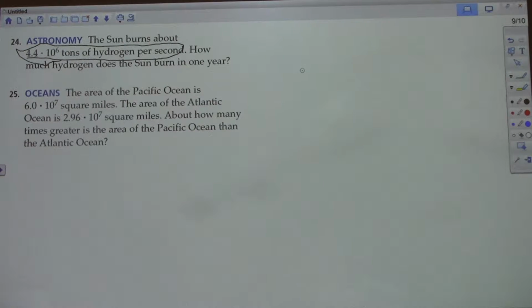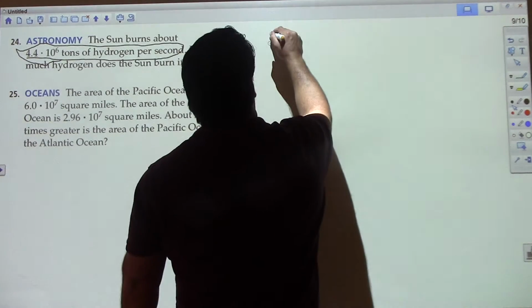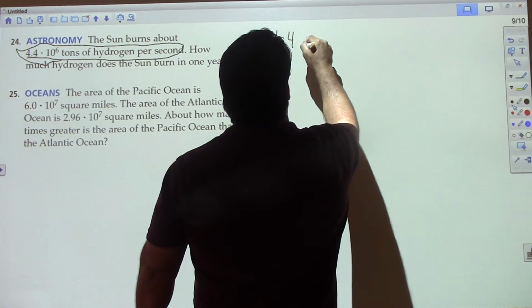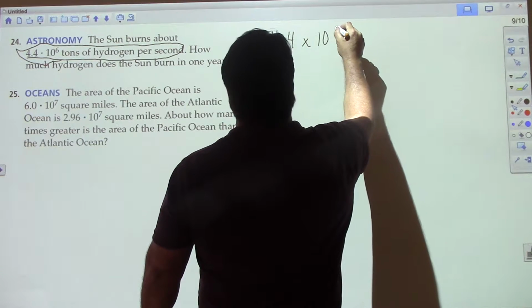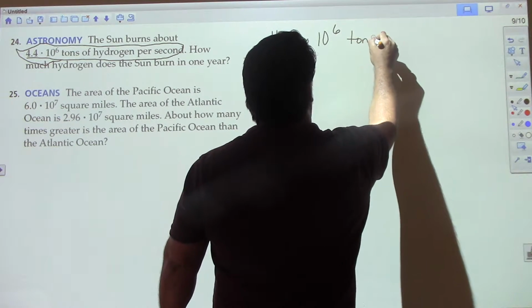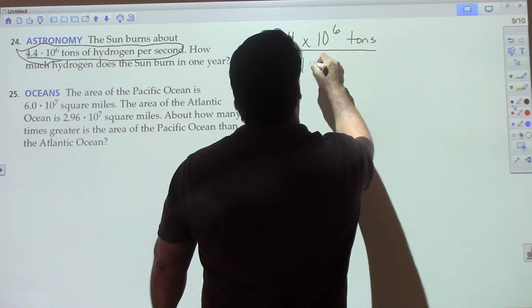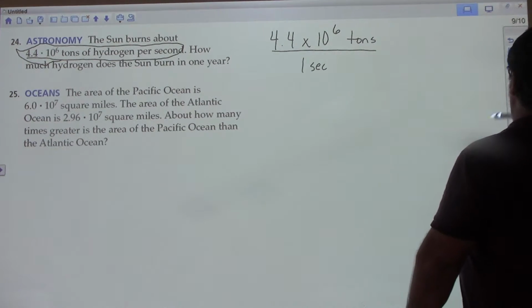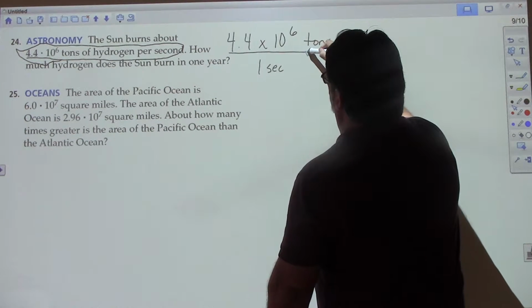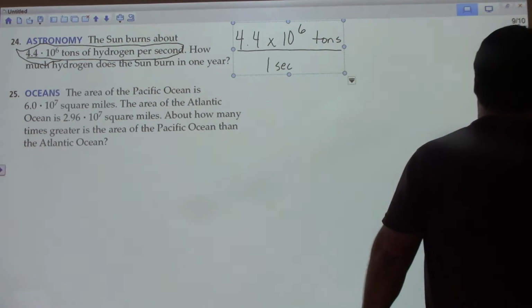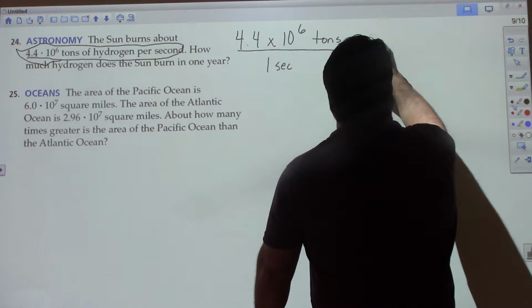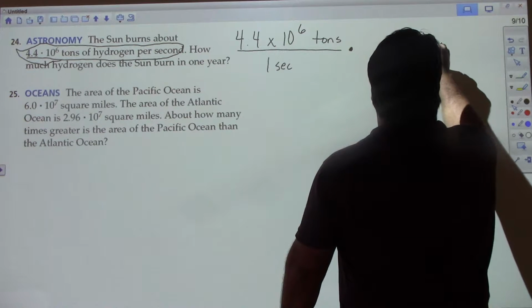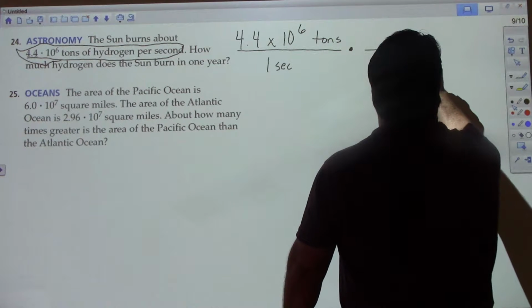That statement right there tells you what to do first. 4.4 times 10 to the 6th tons per 1 second. Now, unit conversion theory dictates that if we are going to cancel anything, then we've got to have seconds in the numerator to minutes.